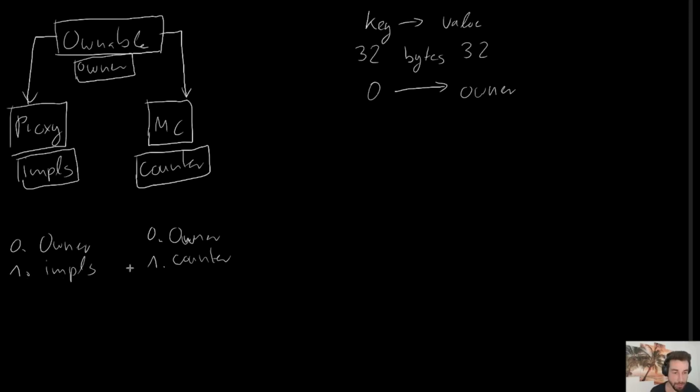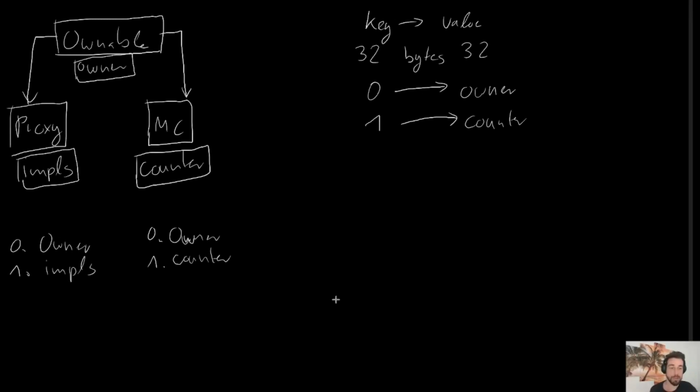So what happens with these two? The master copy contract would also store its counter value at the index 1, but the implementations isn't simply a single value, it is a mapping, and mappings aren't stored at a single storage slot, because that wouldn't be possible, right? As we already said, we can't pack multiple addresses into the same storage slot.